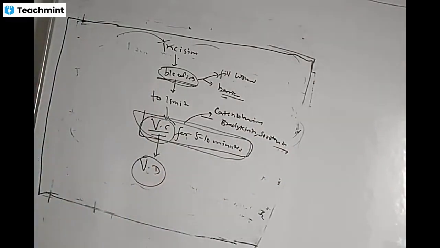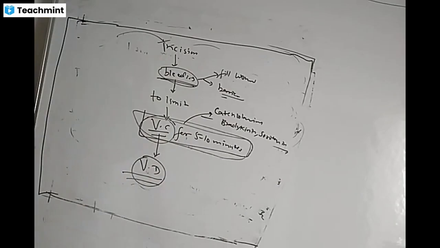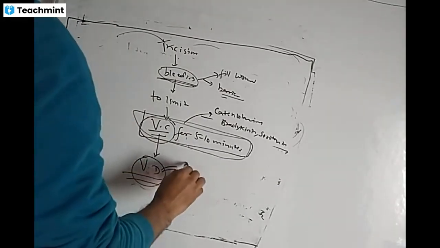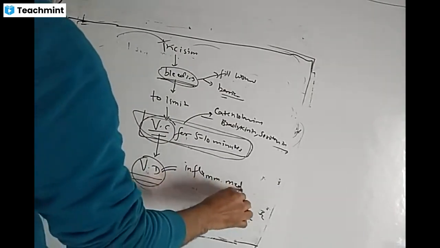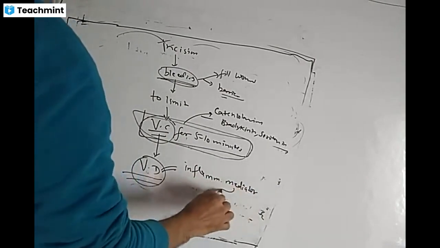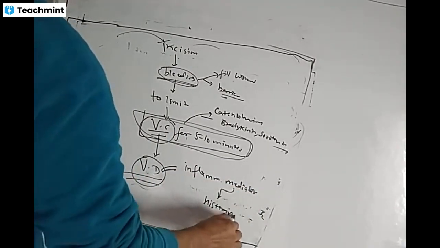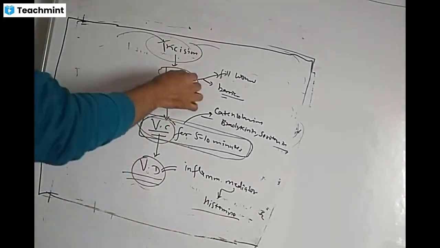That is the starting of your real, true inflammatory phase. This vasodilation happens in response to your inflammatory mediators like your histamine.